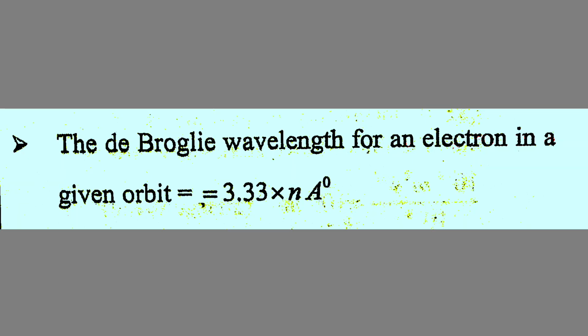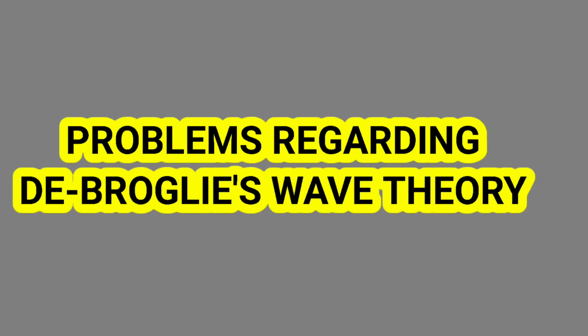Now the fourth application is, if you substitute the v value also, then we get the De-Broglie wavelength of an electron in a given orbit is equal to 3.33 into n Angstroms.